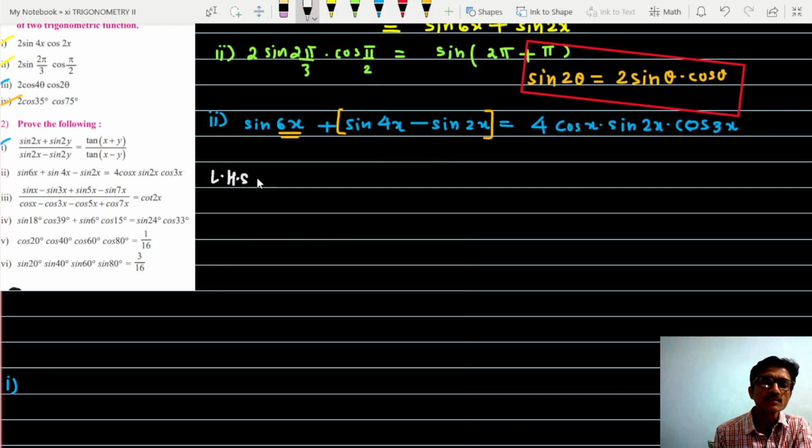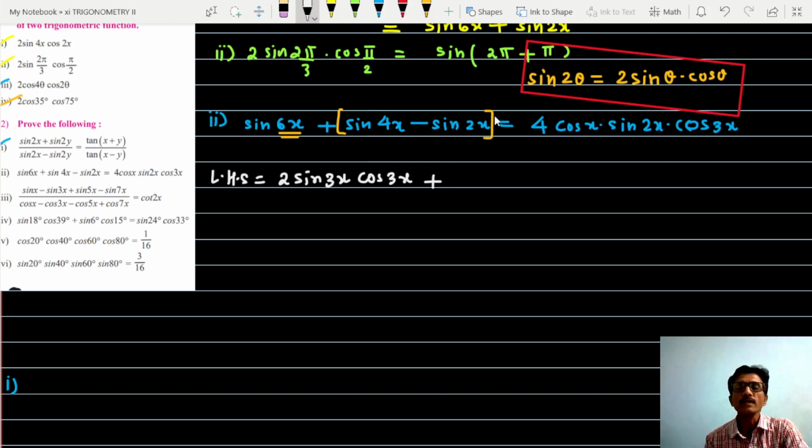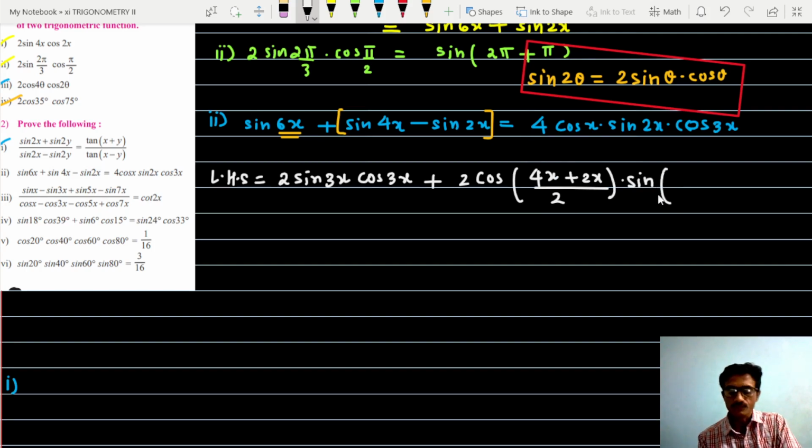So write down LHS is equal to what? Sin 6x we will write 2 sin 3x into cos 3x and plus here sin 4x minus sin 2x, sin c minus sin d, that is 2 cos c plus d upon 2, 4x plus 2x upon 2 into sin of c minus d upon 2, that is 4x minus 2x upon 2.